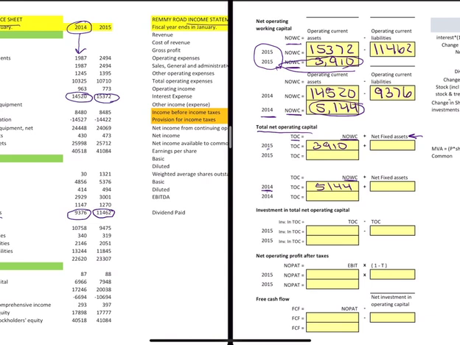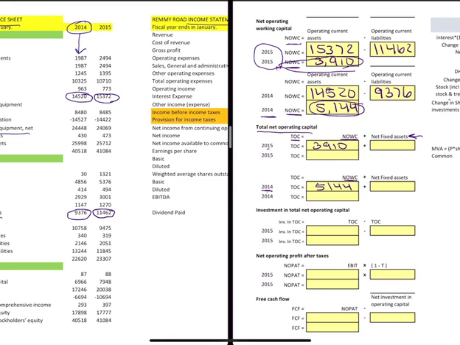So if we go back to our balance sheet, we're going to find our net fixed assets, and that is actually our plant, property, and equipment. So if we go to our balance sheet and we look, plant, property, and equipment right here.